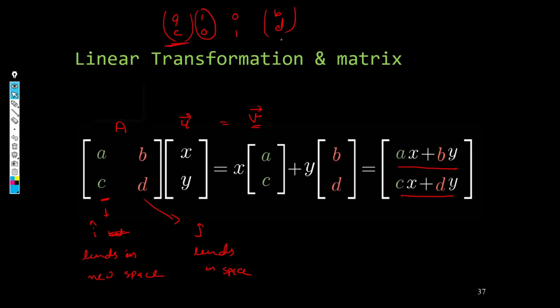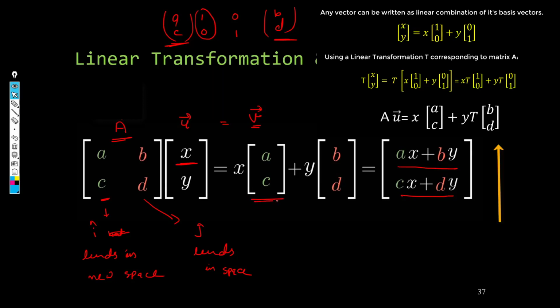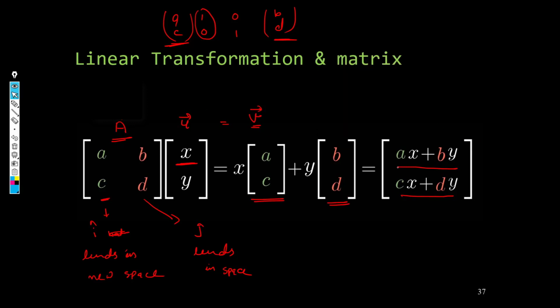We write these four things in the form of a matrix which represents the transformation, right? So what we can do is simply multiply x with the vector where new i hat lands and y with the vector where new j hat lands. And this is exactly equal to the same calculation which we were getting when we were doing matrix vector multiplication.